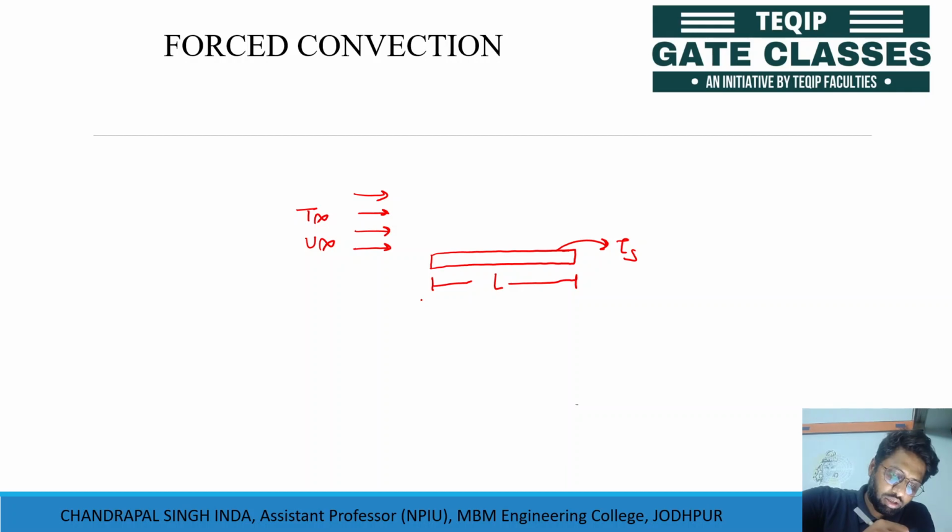As this strikes the plate, the boundary layer forms. The hydrodynamic boundary layer is represented as shown in the figure. This is how a boundary layer forms over the flat plate.